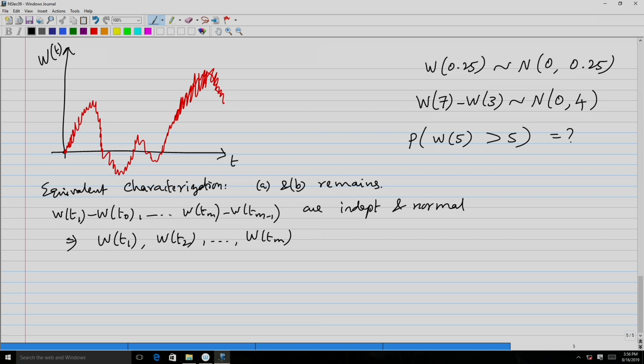You can see W T1 is the same as this increment, and W T2 I can express in terms of the first two increments from the previous line. So you can express these as linear combinations of independent normals. These are then jointly normally distributed.